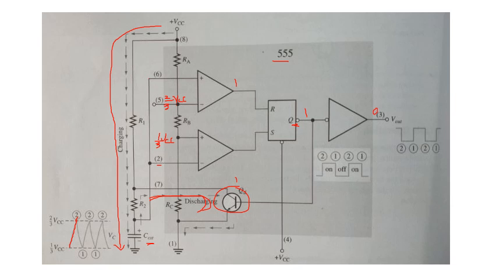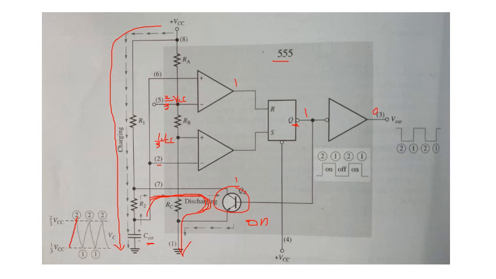So when this is 1, this is fed to the base terminal of QD. When the base terminal of QD is 1, this transistor will be on. When this transistor is on, there is a closed path over here and the capacitor starts discharging through this path to the ground.